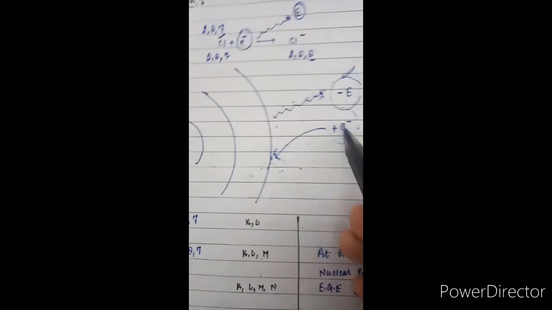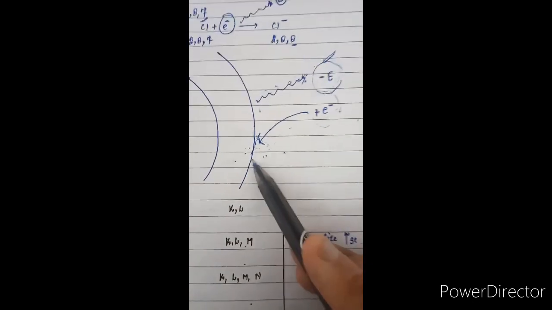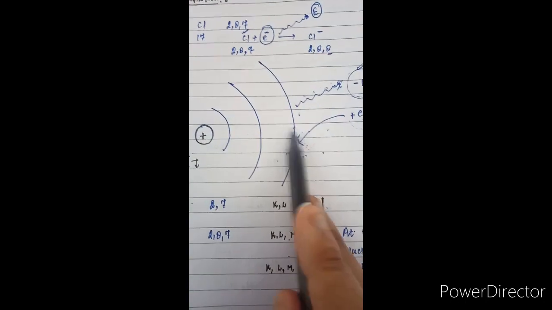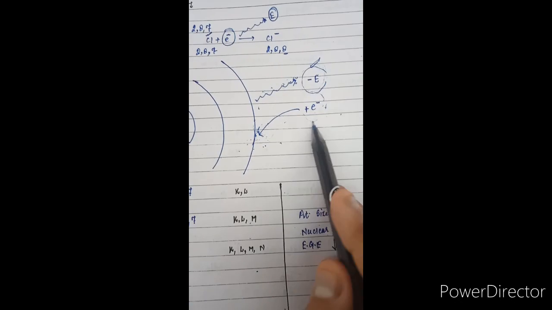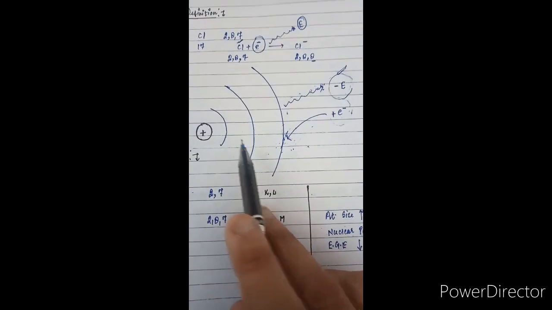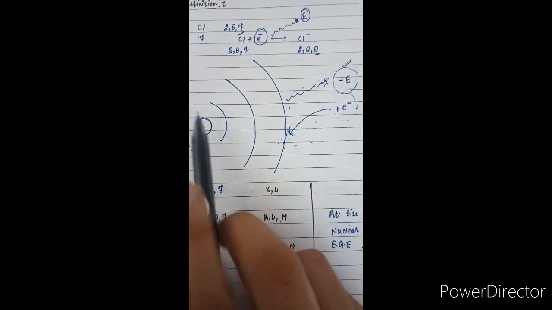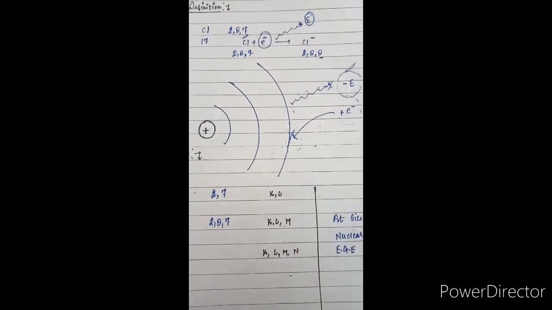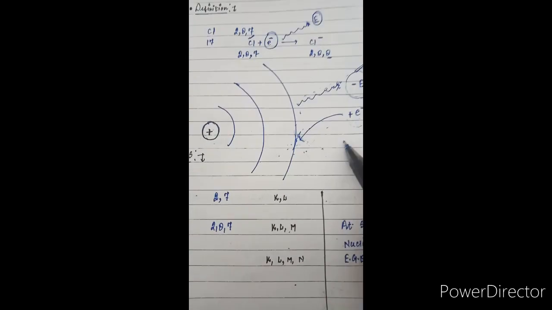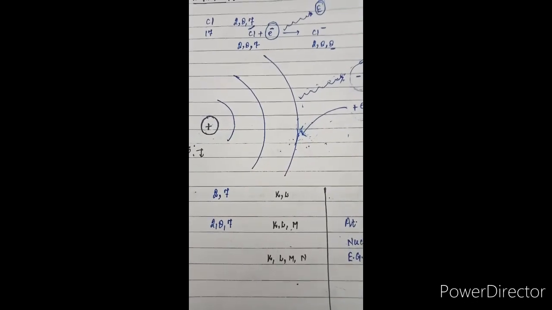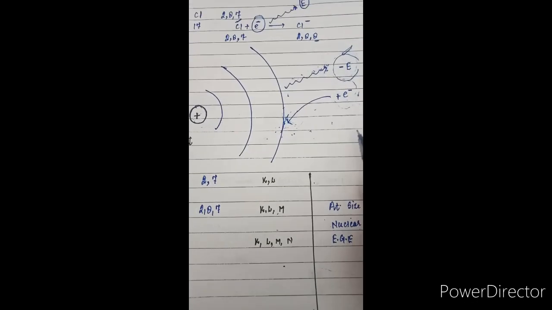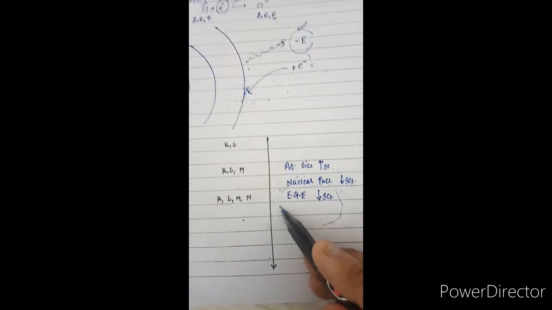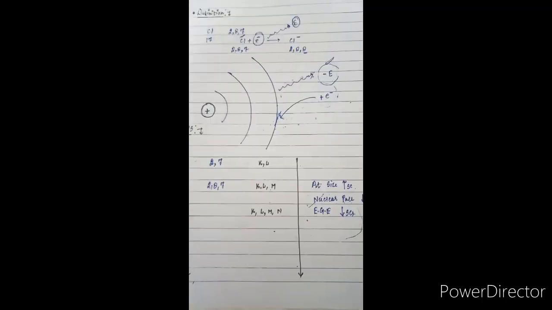Why? Because for accommodating an electron in the valence shell of any gaseous isolated neutral atom, there should be some attracting force to hold the electron. To attract the electron there should be high nuclear pull, so that the electron can be trapped in the valence shell. So if the atomic size decreases, or we can say nuclear pull increases, then electron gain enthalpy will increase.